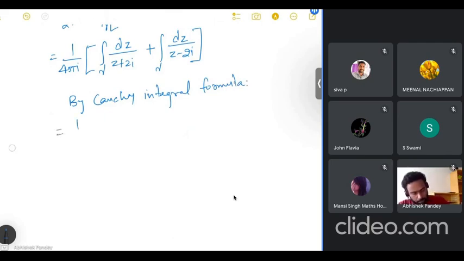So it is 1 upon 4 pi I and both the integrals are 2 pi I plus 2 pi I. Is it clear? Any doubt in this one? This is just by the Cauchy integral formula.